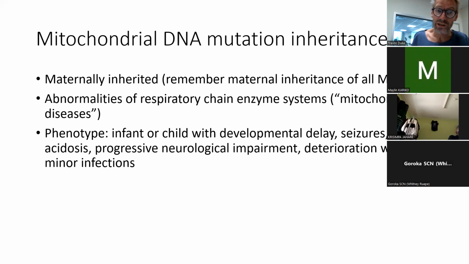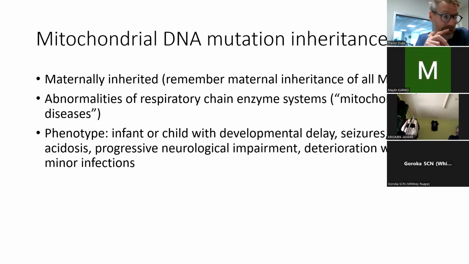They may have seizures. They often have a lactic acidosis because their Krebs cycle doesn't work, so their energy production comes often from anaerobic metabolism. They may have progressive neurological impairment, and when they get a minor infection, they tend to deteriorate. That's the phenotype of mitochondrial disorders.